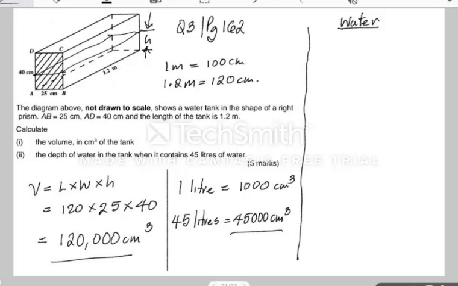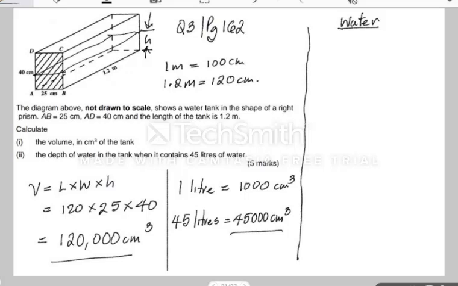The width of the tank is 25. Therefore, the width of the water in the tank is also 25. The length of the tank is 120 centimeters, so the length of the water in the tank is also 120 centimeters.